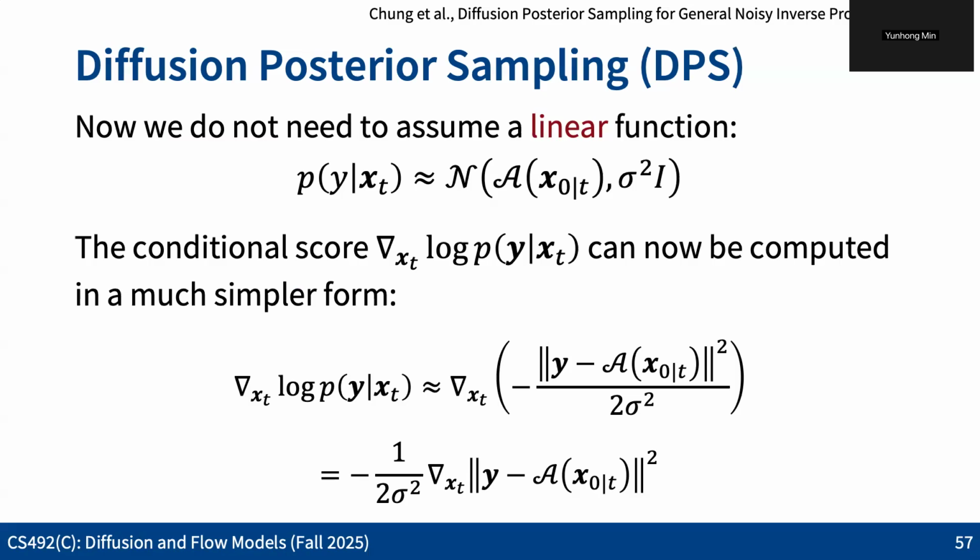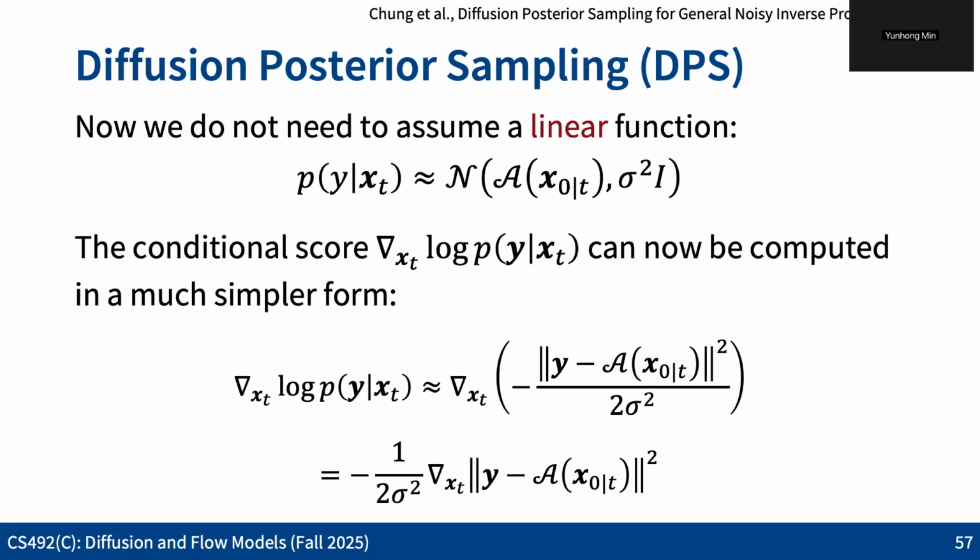So this is good. Now we can compute the likelihood score as the gradient of the L2 loss, the L2 difference between the observation that we have and the output that we compute from Tweedie's formula through the mapping here.